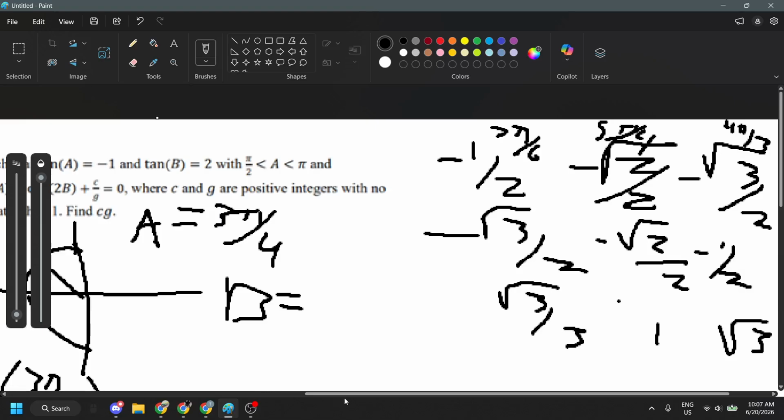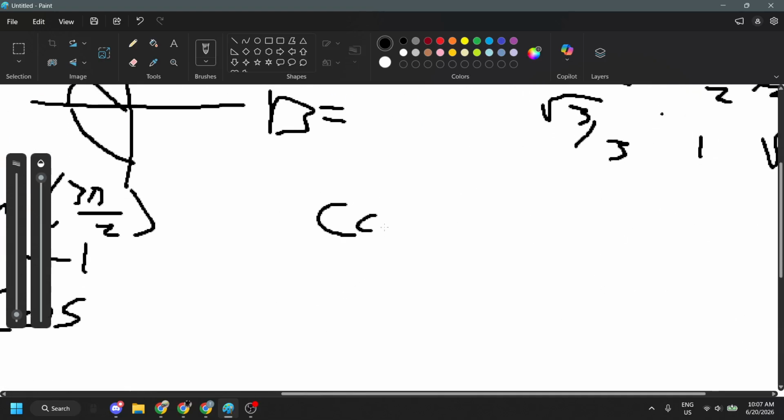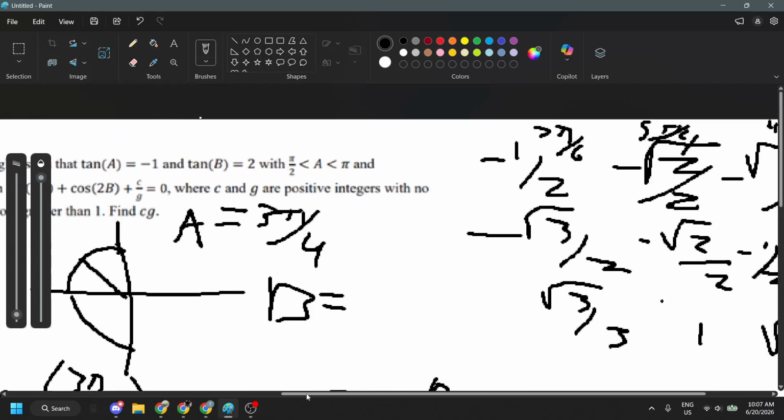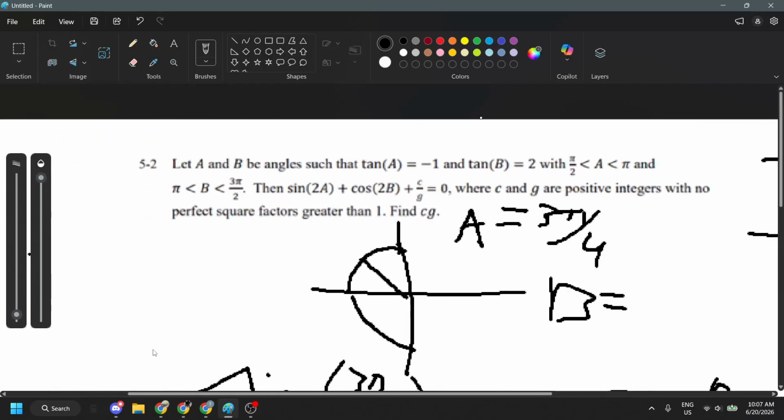If tangent of B is equal to 2, that means cosine of B over sine of B is equal to 2. How is this in De Moivre's theorem? I don't understand how I could use De Moivre's theorem on this.